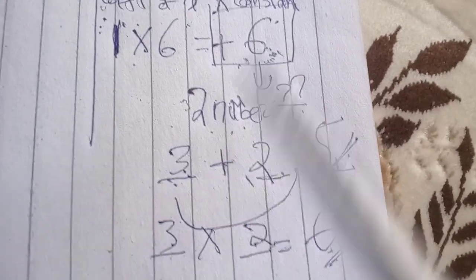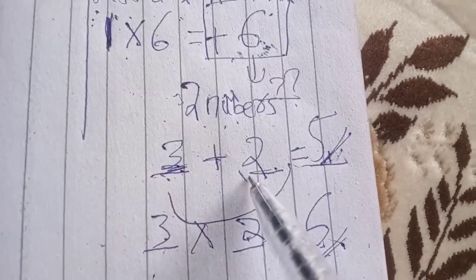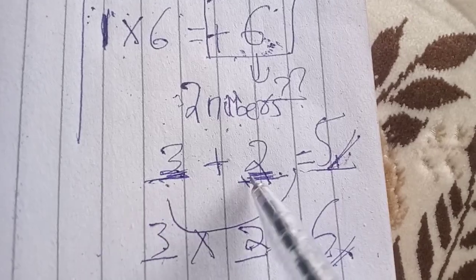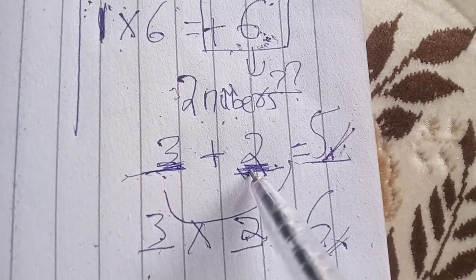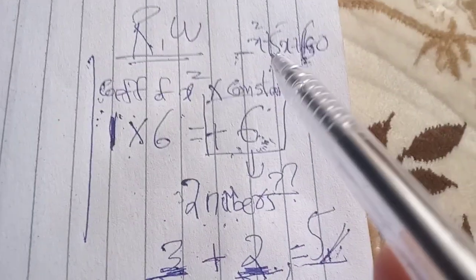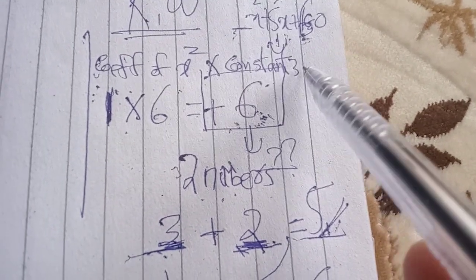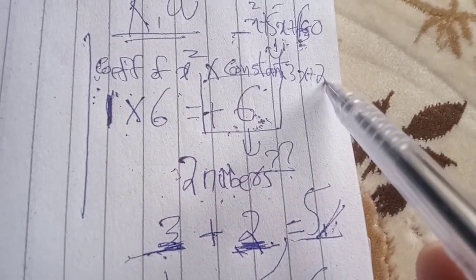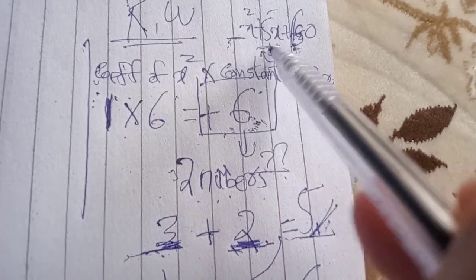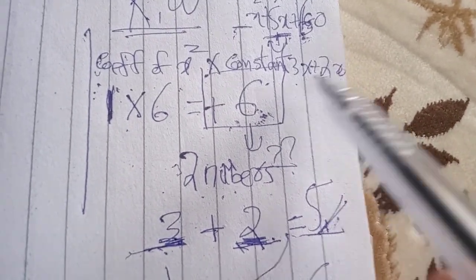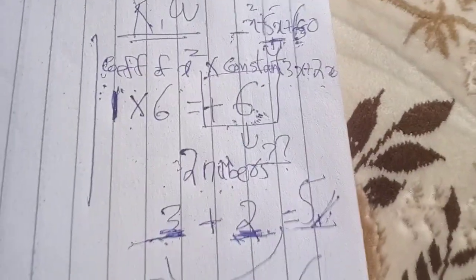Now we use these two values to break this as 3x plus 2x. So instead of 5x we will write 3x plus 2x in our equation.